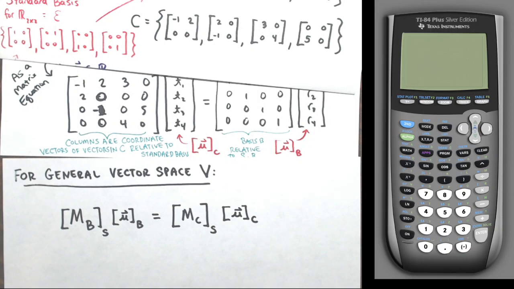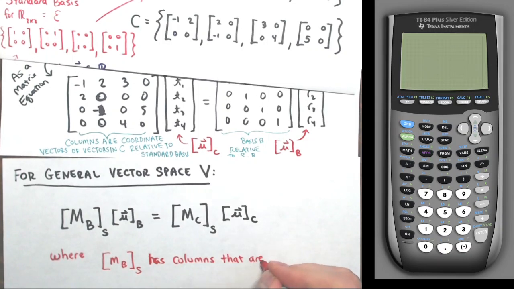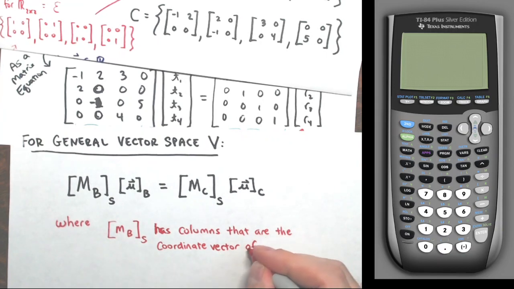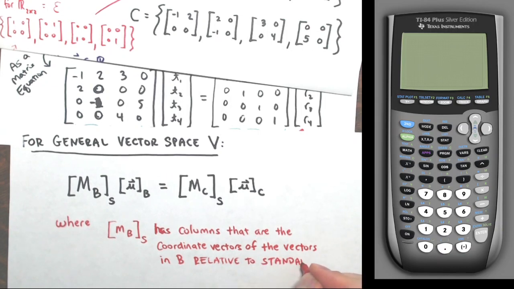All right. So again, I'll write them out where this notation I'm writing has columns that are the coordinate vectors of the vectors in B relative to the standard basis S. Okay.